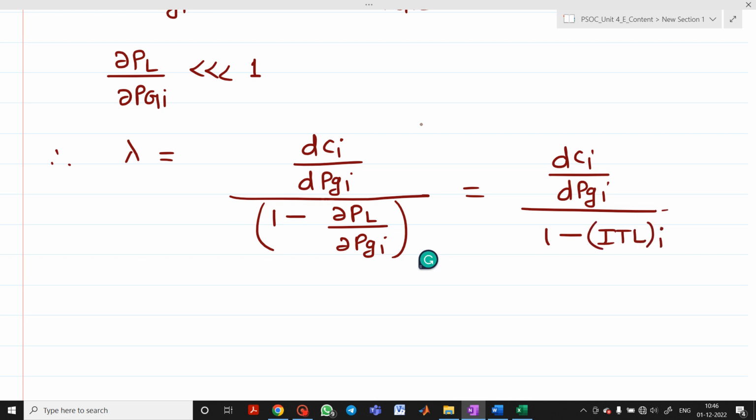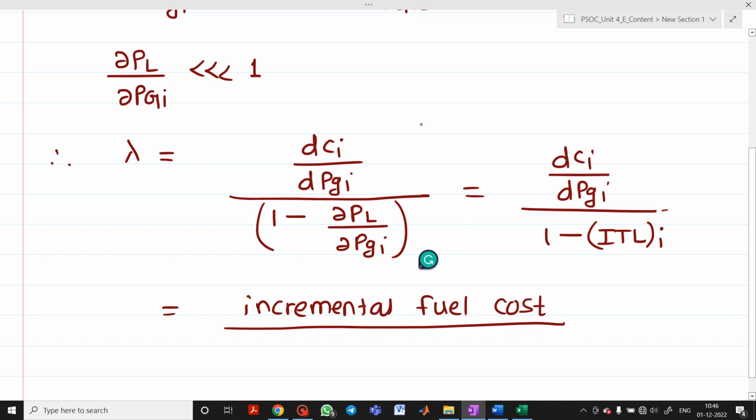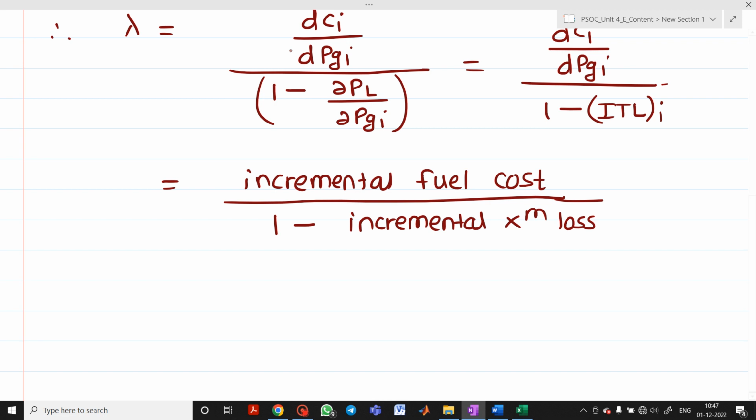Now what is the meaning of this ITL? dCi upon dPgi is nothing but the incremental fuel cost, IFC, upon 1 minus incremental transmission loss. So in other words, I can write lambda equal to Li dCi upon dPgi.